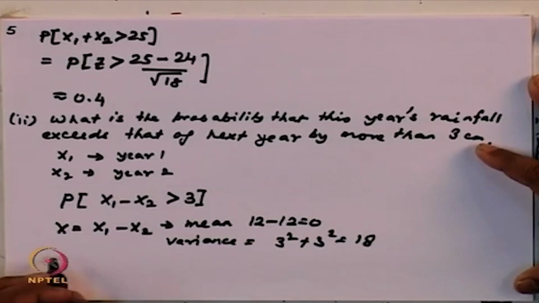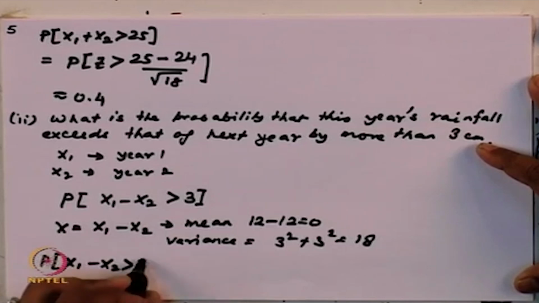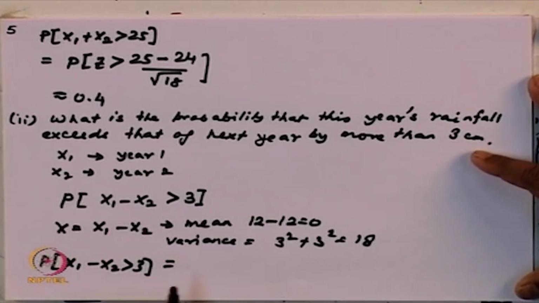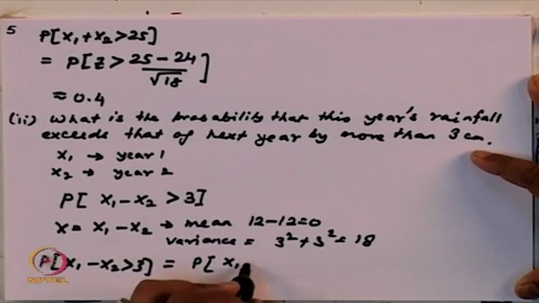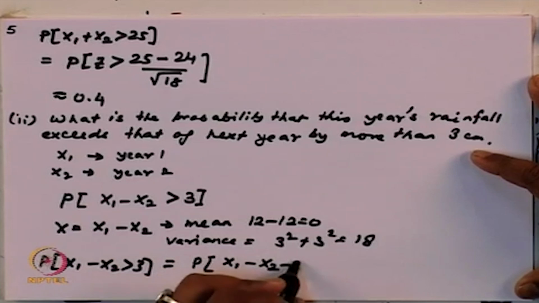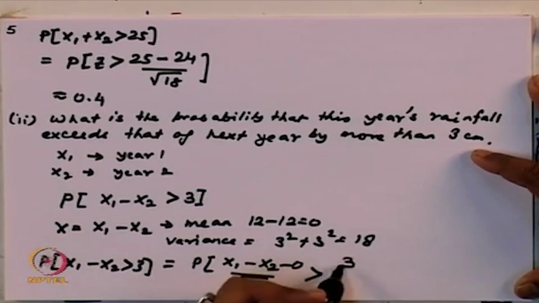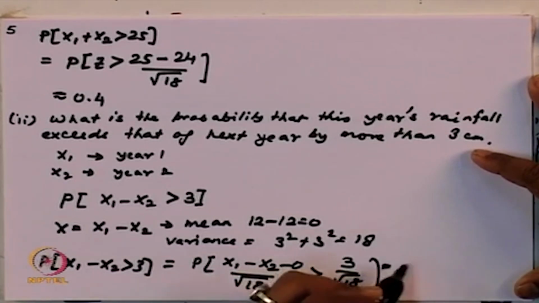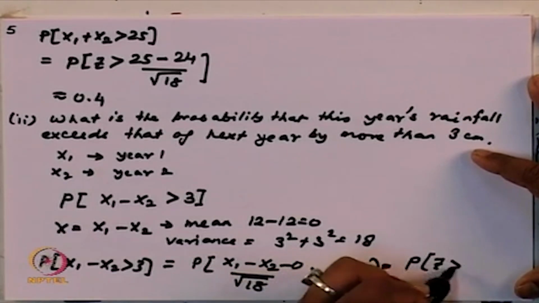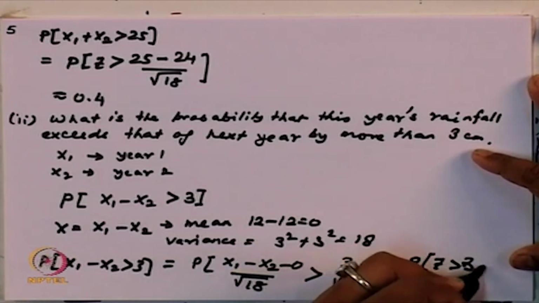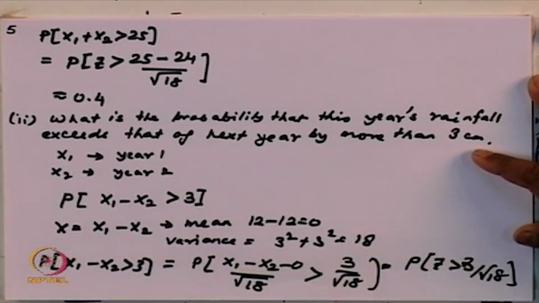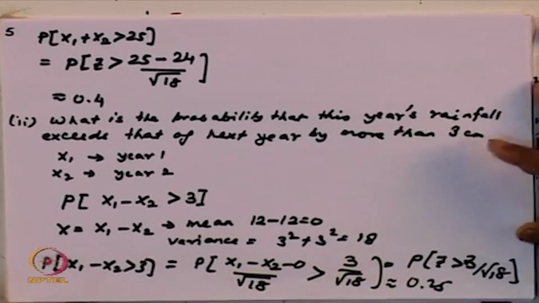Thus the probability of x1 minus x2 greater than 3 is nothing but the probability of (x1 minus x2 minus 0, the mean) by root of 18 greater than 3 by root of 18, which is the probability of z greater than 3 by root of 18. If you look up the tables, this probability comes out to be approximately 25%.